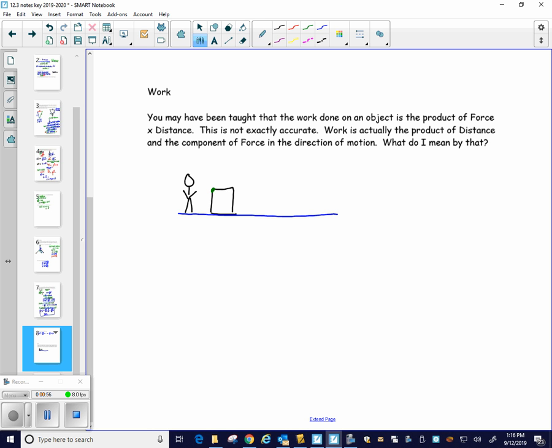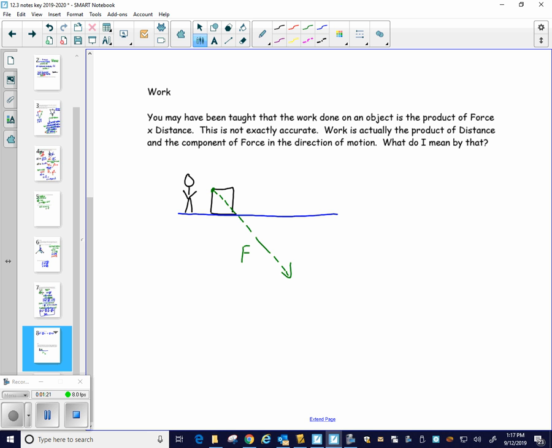If you push a box from the upper corner of the box, the force that you're actually applying looks something like it would be in this direction. So your force would actually be going not only away from you, but also down and into the ground. So you would have a force which is in that general direction.